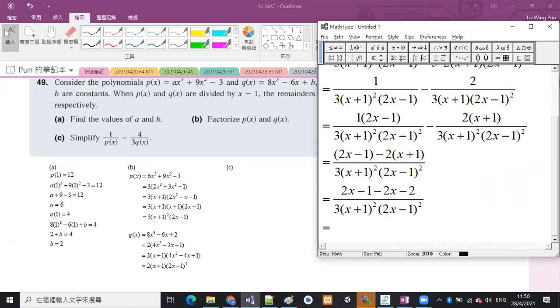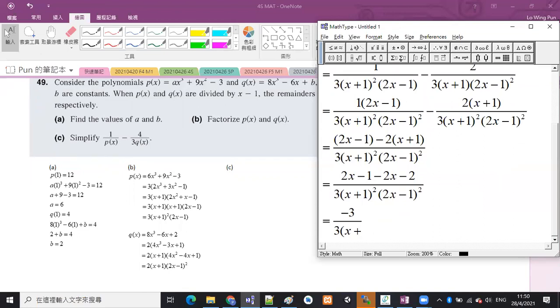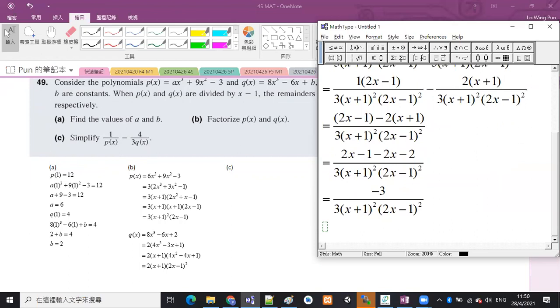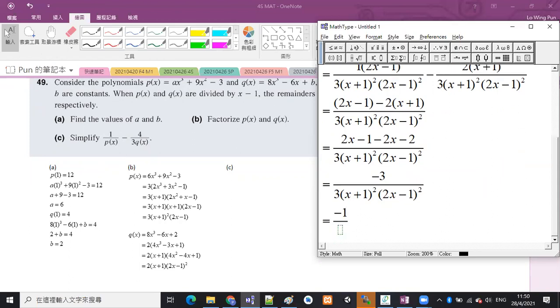And then calculate the like terms. It becomes minus 3 over 3 times this. Finally, the 3 and 3 can be cancelled by each other. So what is remaining on the top is negative 1, and the bottom is this. That is the final answer.